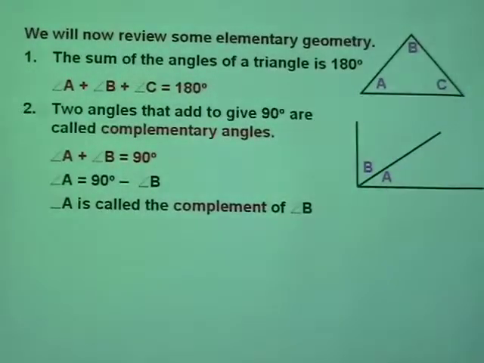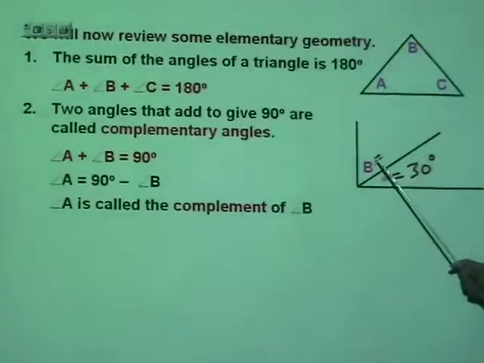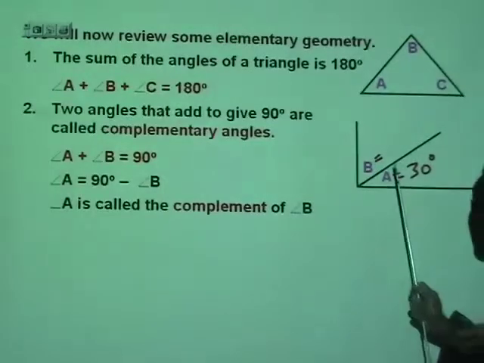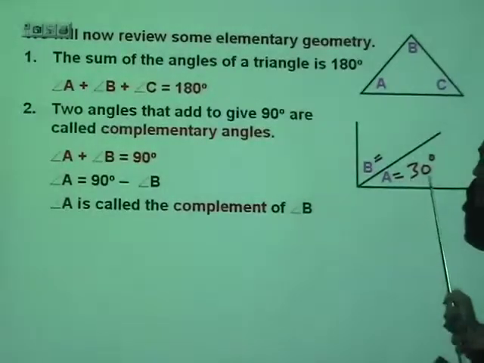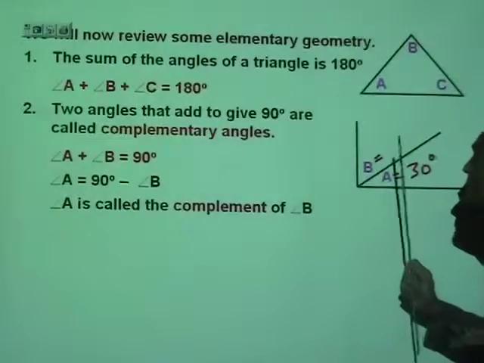Alright, let me ask you this. If angle A equal to 30 degrees, what will be angle B equal to? Can you tell me? All you need to do is take away 30 degrees from 90.